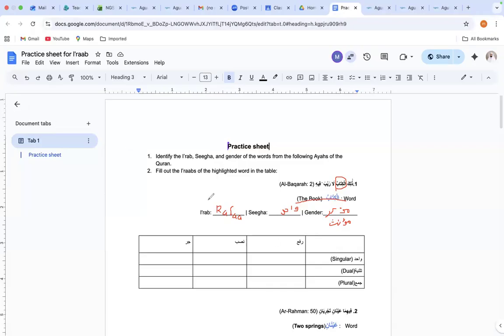I mean, on the screen with me. الكتاب. الكتاب كتابه. أحسنت. And the state of nasab?